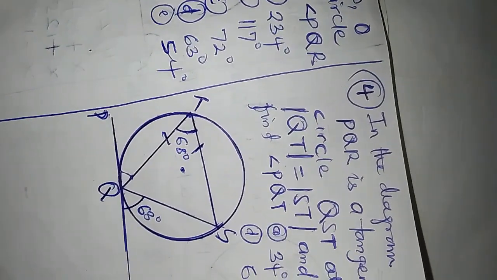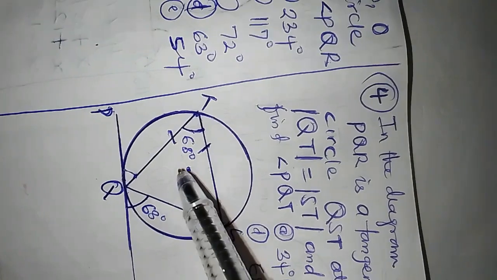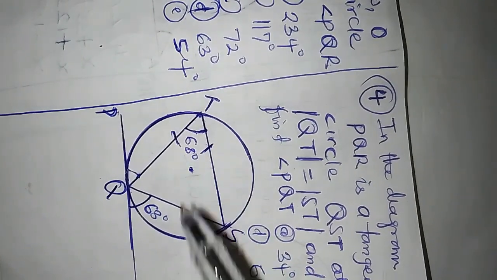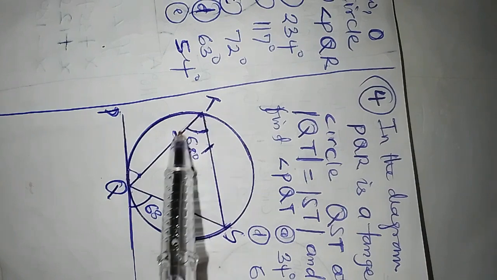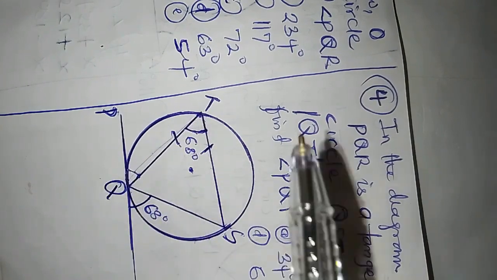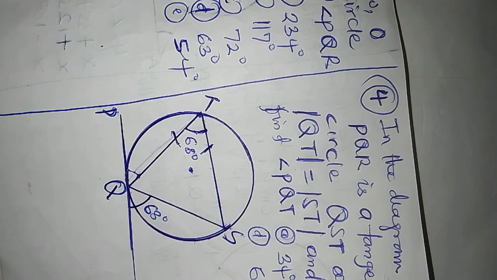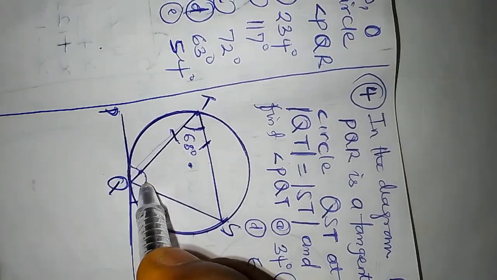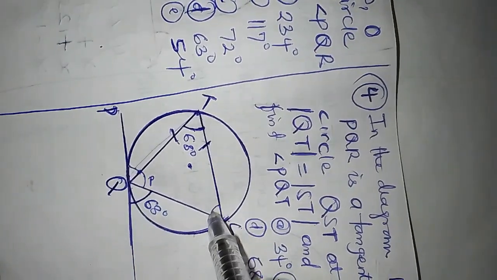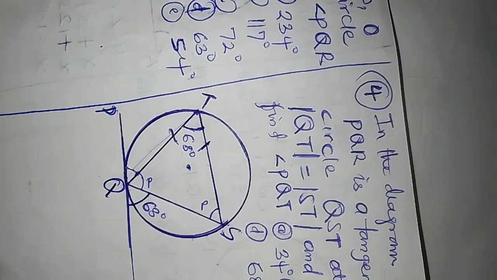Good. Let me turn it upside down so we can see it very well. Now, they said these two lines are equal. That means this triangle here is an isosceles triangle, because it is an isosceles triangle that has two sides equal, and the base angles are also equal. So here, if I call this one P, here is also what? P. Alright?